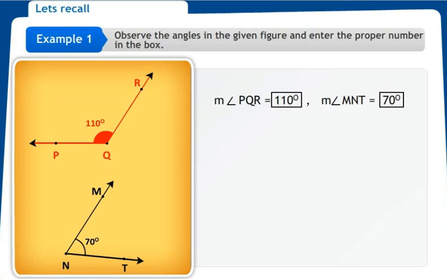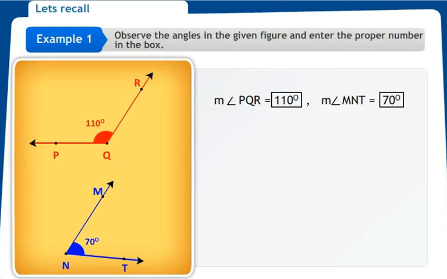Now children, make a note, whenever you are writing the measure of the angle, you have to denote it by degrees. Every time, in words, we cannot write the spelling of measure, so to symbolize that, we use a small m with the symbol of angle. So measure of angle PQR is 110 degrees and measure of angle MNT is equal to 70 degrees.